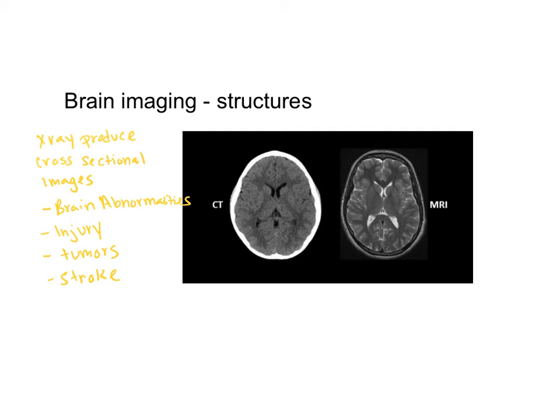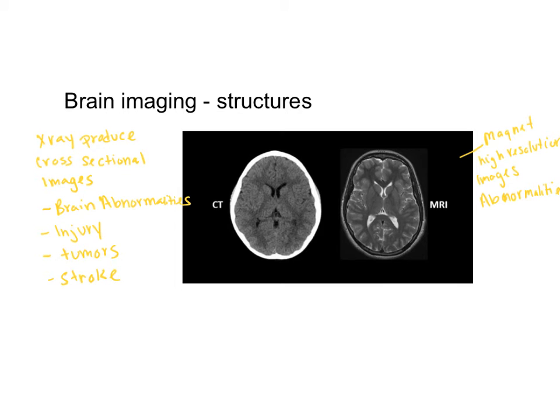The second way to look at the structure of the brain is to use what we call an MRI. An MRI is going to use high resolution images. They actually use a magnet to produce high resolution images of the brain. And this again can be used for abnormalities. So if I want to look at an abnormality for the structure of the brain, I'm going to use either an MRI or a CT scan.